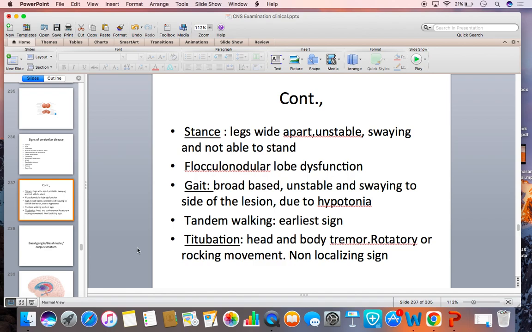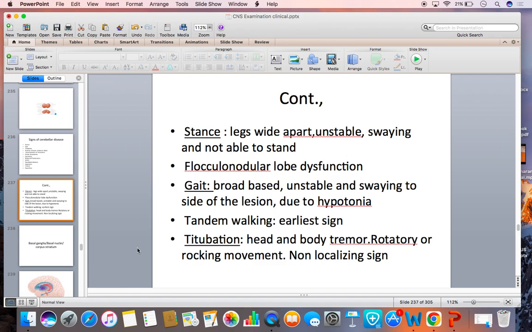Flocculonodular lobe dysfunction. Dysfunction of the flocculonodular lobe results in the inability to sit erect. That is, your truncal muscles are not maintained in balance, and also inability to walk straight.